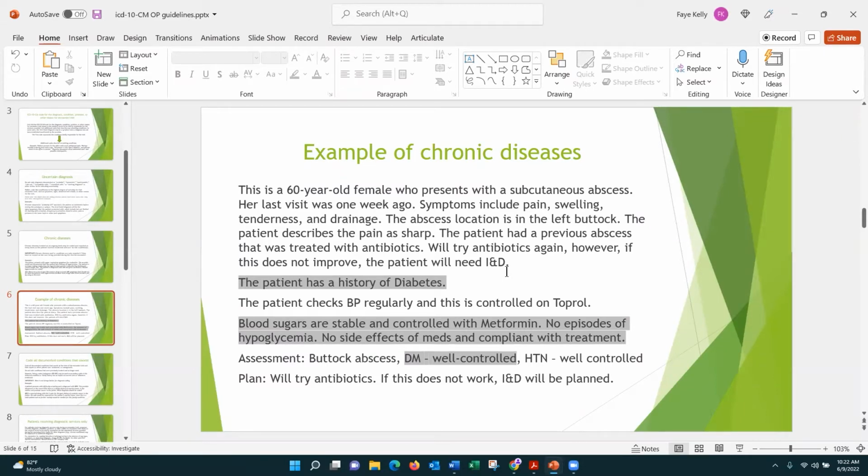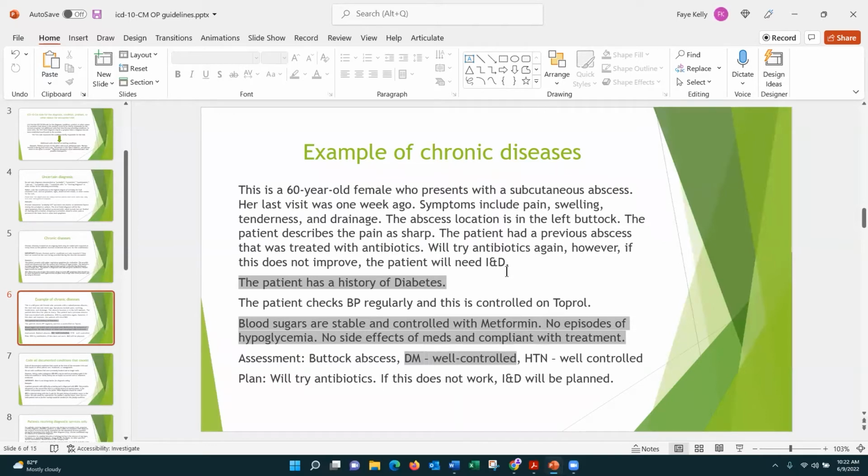Patient has history of diabetes. And the physicians document just this way. This is taken from exactly what you're going to see from a physician. He says history of diabetes. All right, so the patient checks his blood pressure regularly. He's on Toprol for his blood pressure. Additional documentation says blood sugars are stable and controlled with metformin.